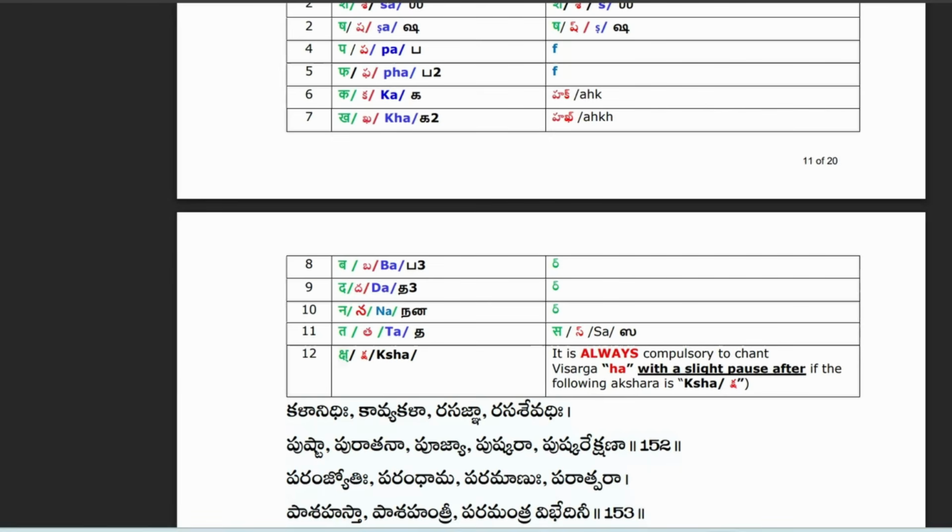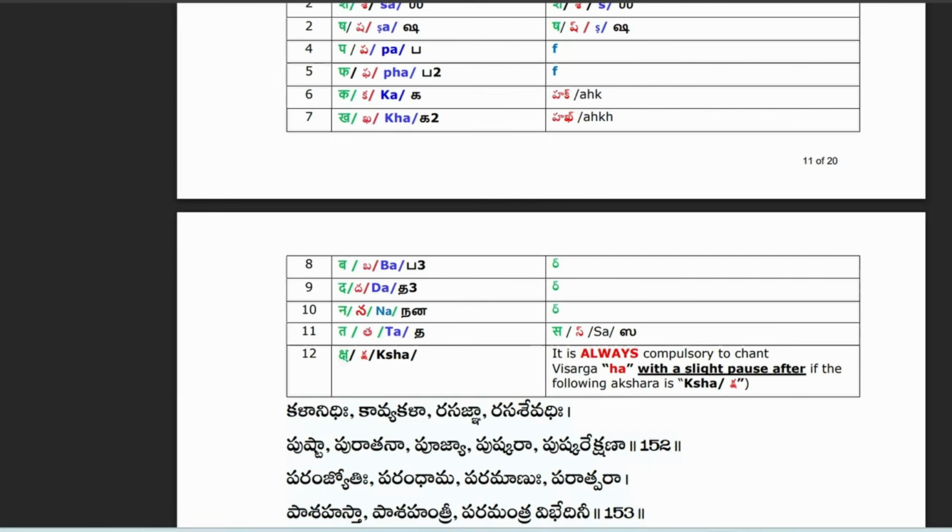Even with the T also, the S will come in there. You don't usually see these because the script already takes care of them. But if you see a Visarga next to a b, dha, or na, the b, dha, na will change to r, and tha will change to an s sound.